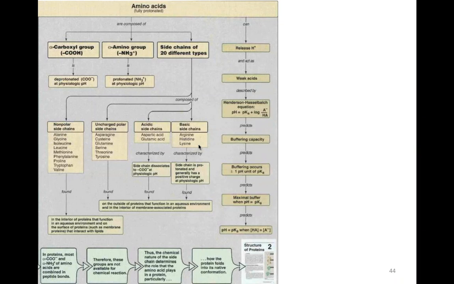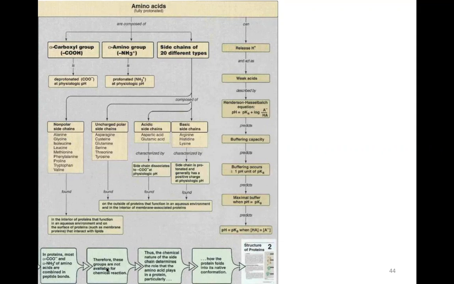Also, we know that the hydrogen portion can be in the form of hydrogen, and that hydrogen possesses a buffering capacity. In conclusion, in proteins, most alpha carboxyl and alpha amino groups of the amino acids are combined in peptide bonds, and therefore these groups are not available for chemical reactions.